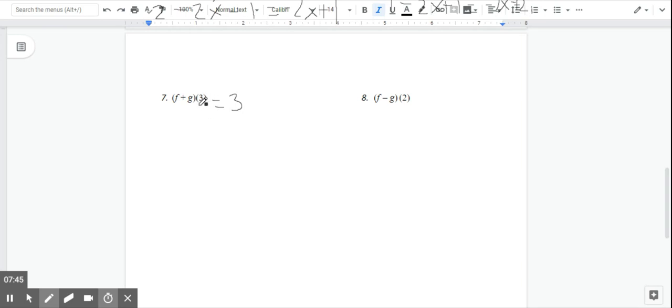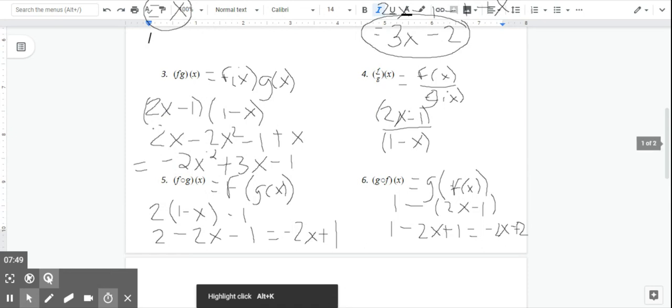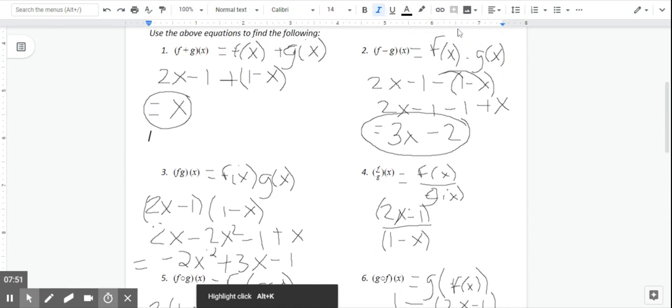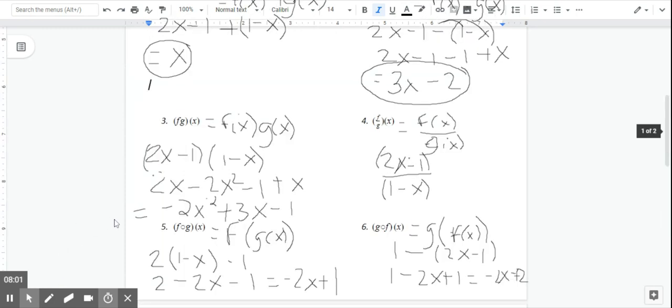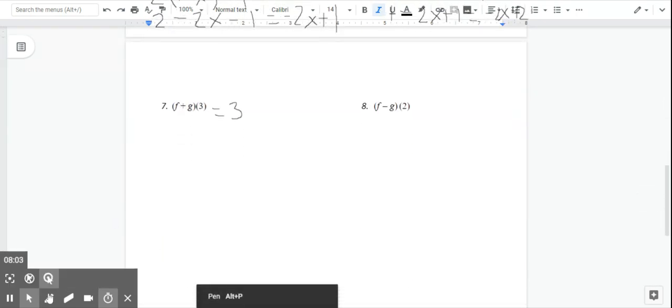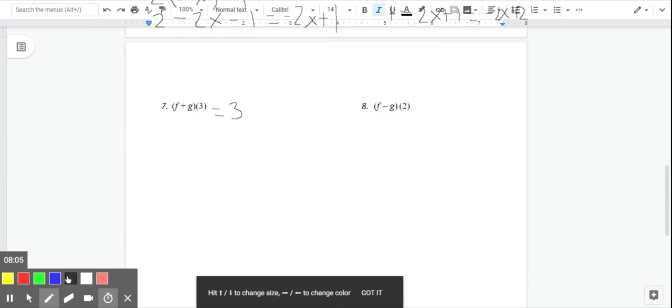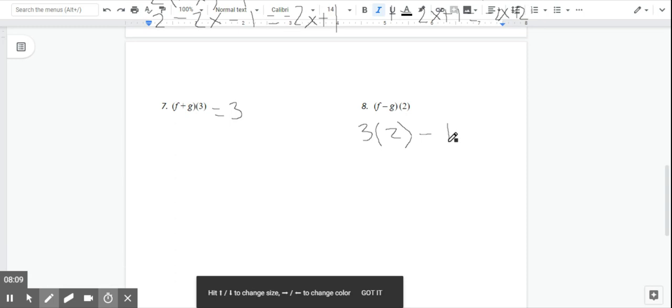For f minus g of 2, if we go back up to the top, f minus g of x is 3x minus 2. So instead of x, if we want a 2 here, we can plug in a 2 to our final answer, and that will give us f minus g of 2. So 3 times 2 minus 1.